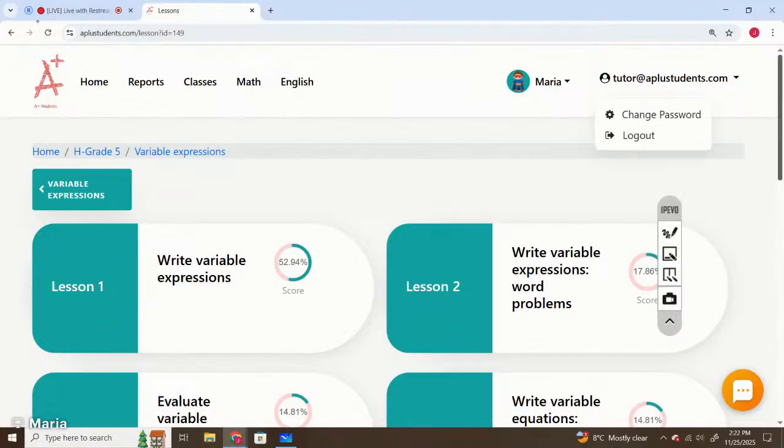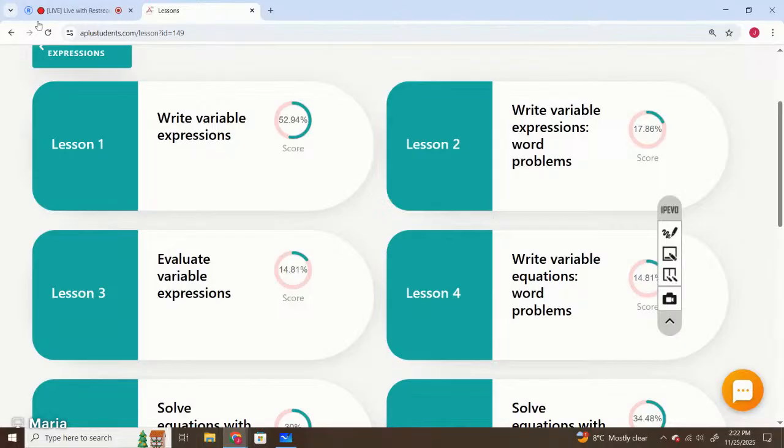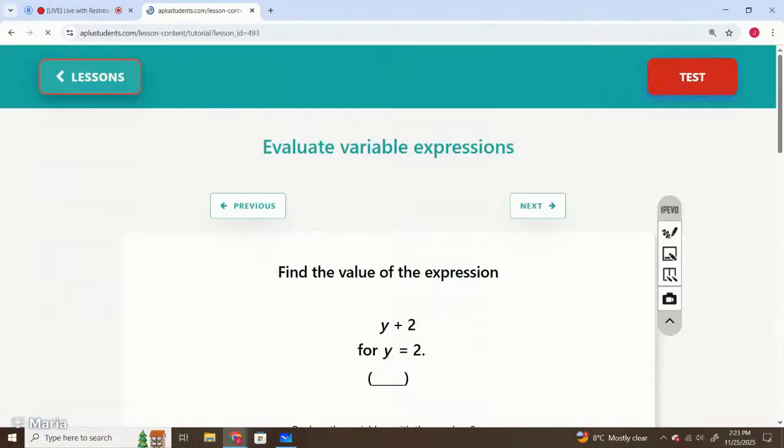The next lesson is evaluate variable expressions. So let's just start with the lesson.